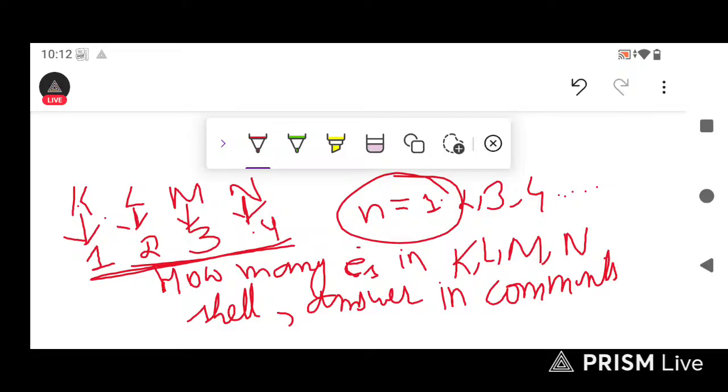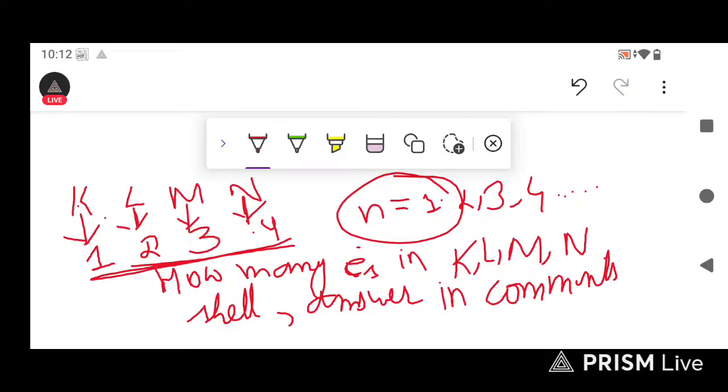So hurry up, please, answer quickly about how many electrons in shells. Okay, students, please answer quickly how many electrons in K shell, L shell, M shell, and N shell.